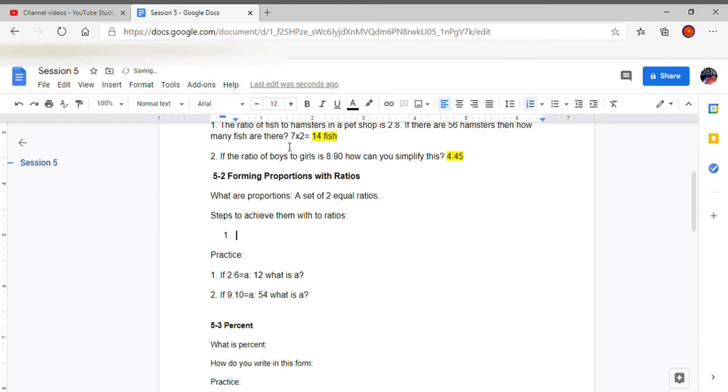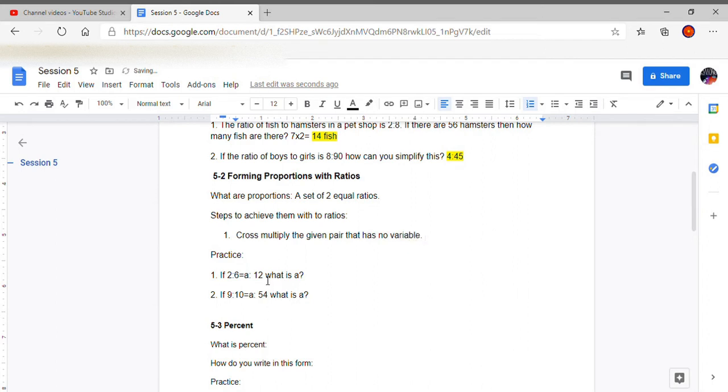Step number 1. Cross multiply. That means like for 2 to 6, you can do 2 times the 12. Cross multiply the given pair that has no variable.